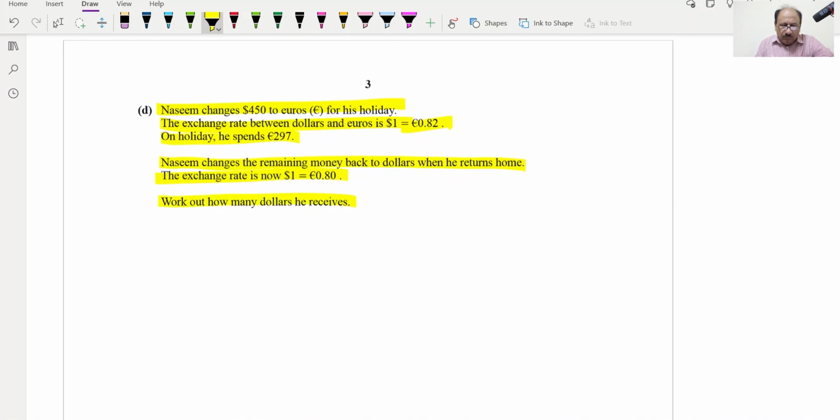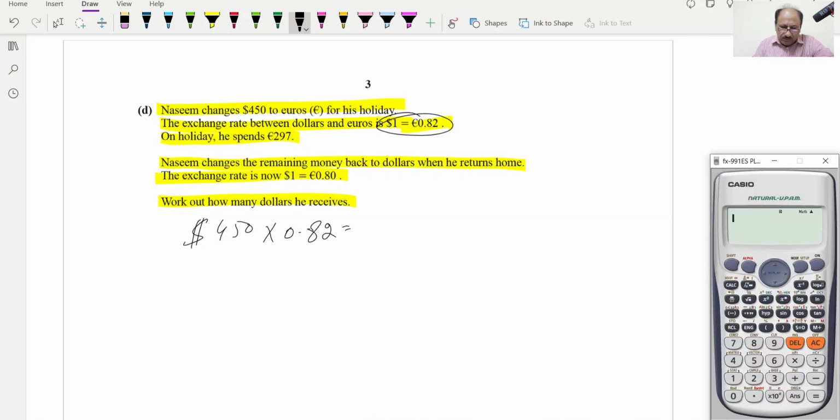Work out how many dollars he received. First of all, we will convert $450 into euros by this conversion, and the euro is the heavier currency, so we should get less than 450 as our answer. This is a logic check which you can do while sitting in the examination hall.